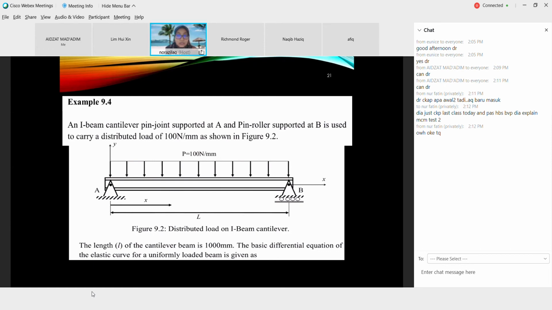Position finite different pin joint support at A and P-roller supported at B is used to carry a distributed load of 100 Newton per millimeter, as figure 9.2. Okay, so this is the same way.